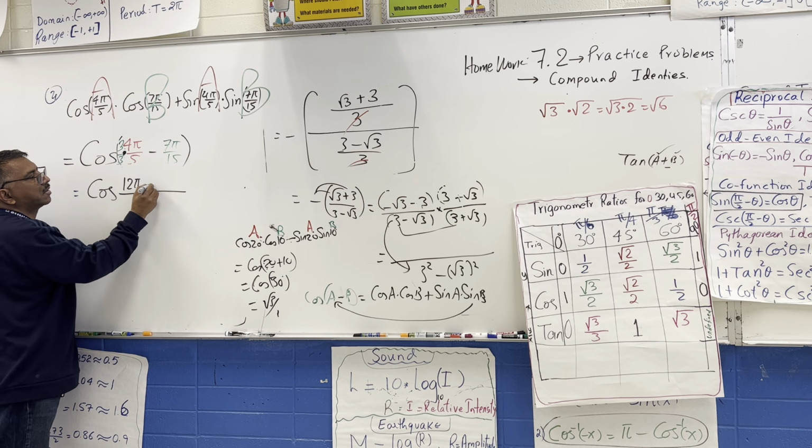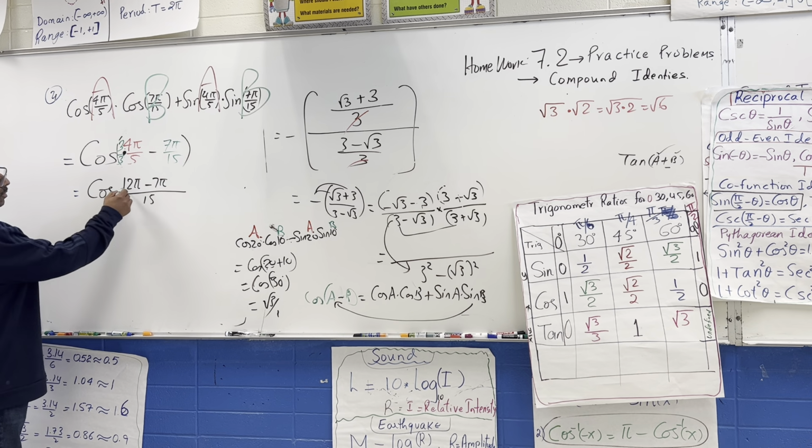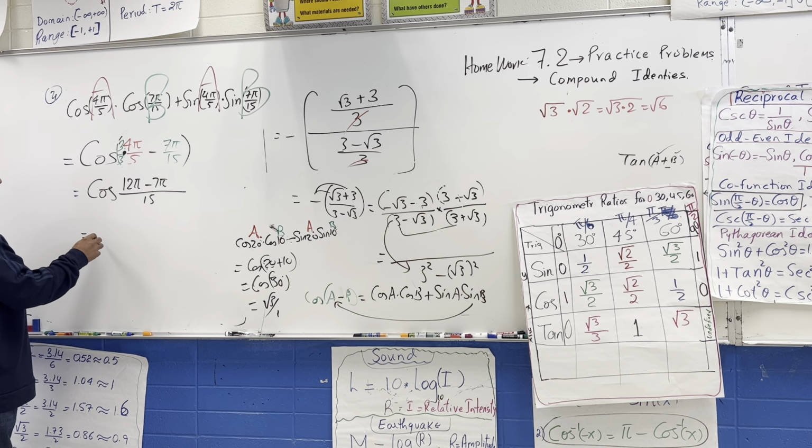And then 7 pi. Is that okay? So what is that answer? 12 minus 7 is how much? 5.